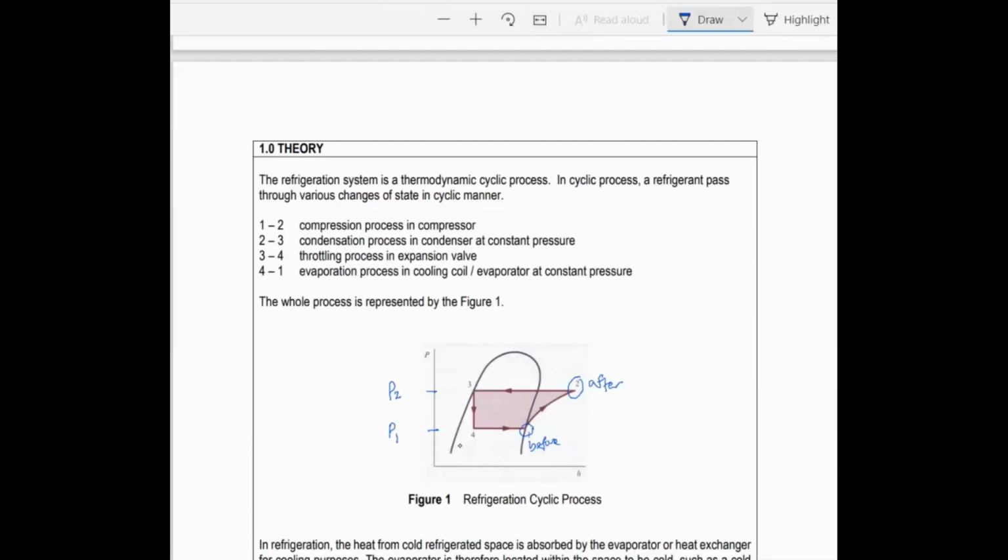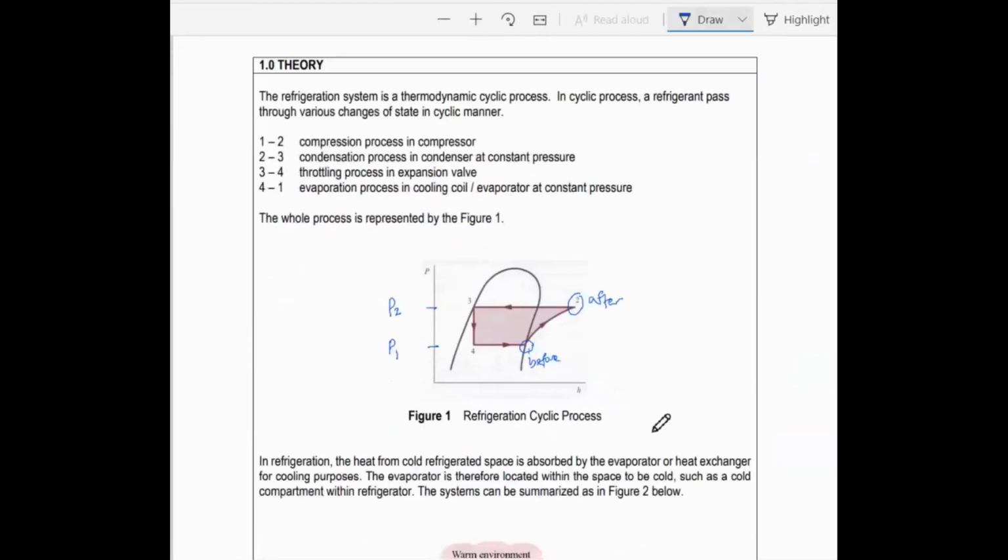Then the process keeps repeating from 1, 2, 3, 4, and back to 1. So this is called the refrigeration system process, or refrigeration cyclic process.